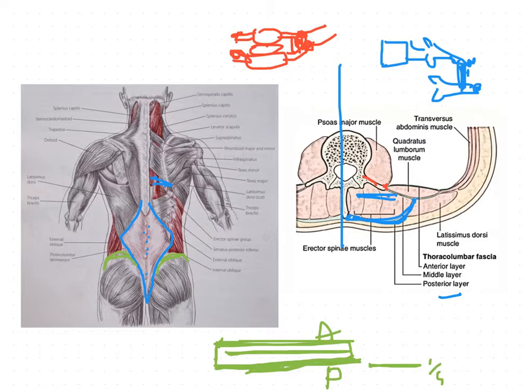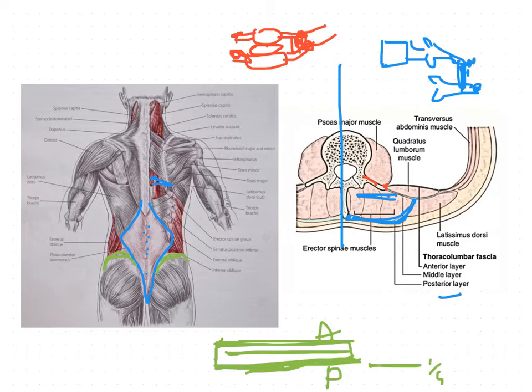Okay, so keep it in mind, the middle layer and the anterior layer are confined to the lumbar region only, whereas the posterior layer is continued upwards towards the thoracic as well as the cervical region.